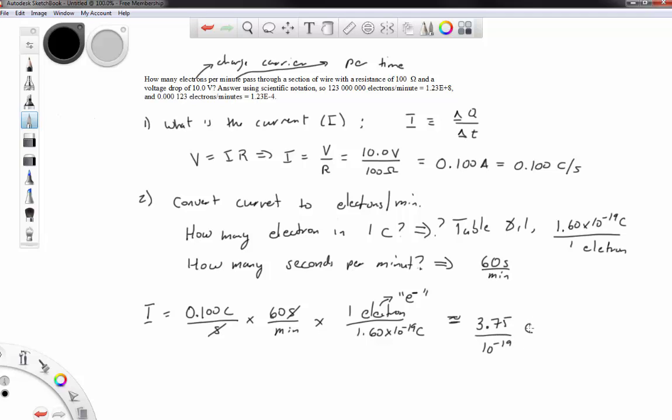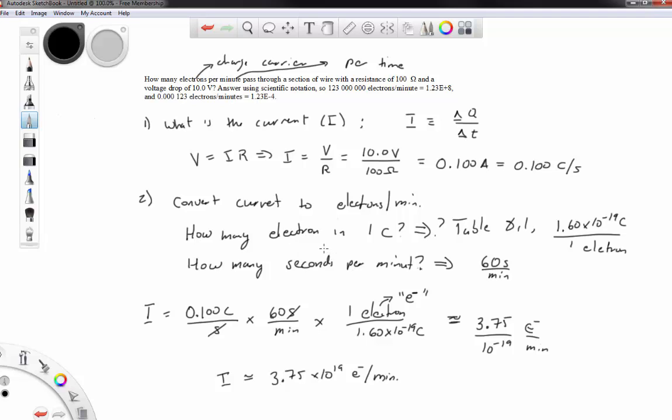This is e minus per minute. And of course, if you divide by 10 to some power, that's the same as multiplying by 10 to the negative of that power. So this is going to be 3.75 times 10 to the 19 electrons per minute.